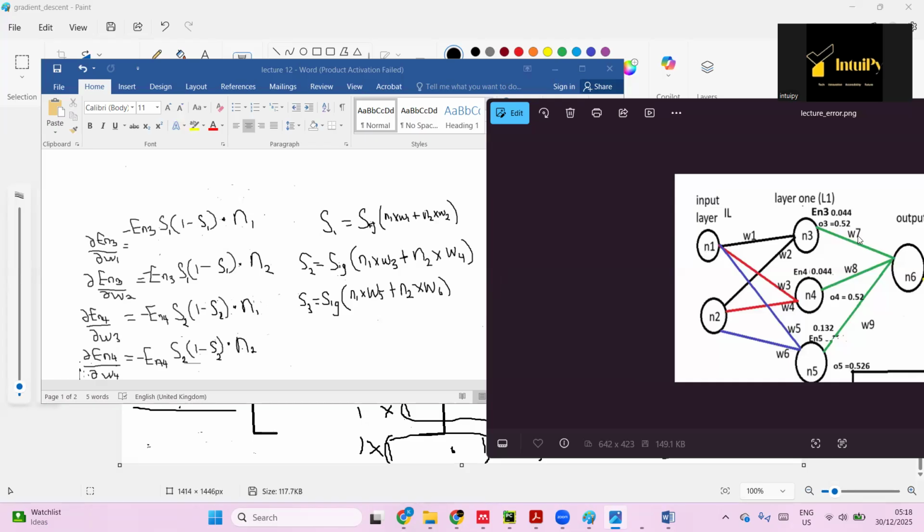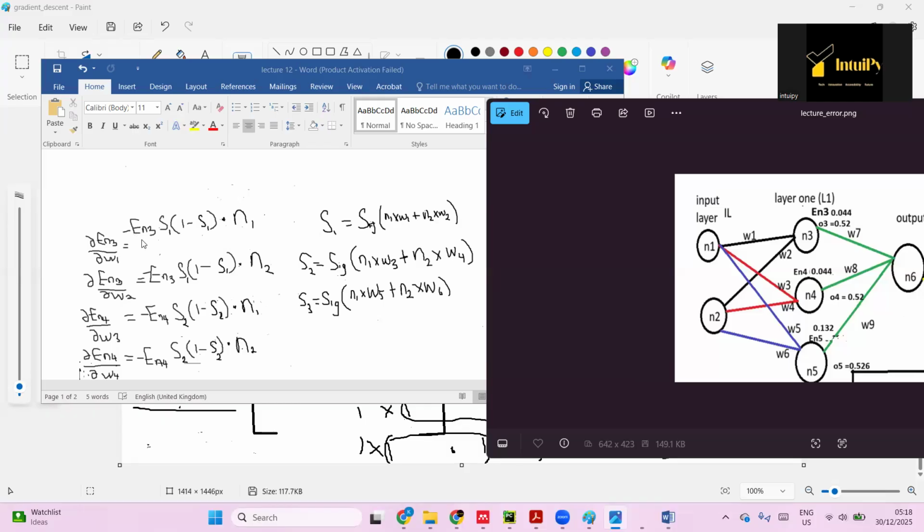And that's what we did for W7. Remember, we looked at the error in front of it, which is the 0.44, and also the output from a previous node. So here we're calculating W1, then we'll have to look at the error in front. So the error in front is EN3.